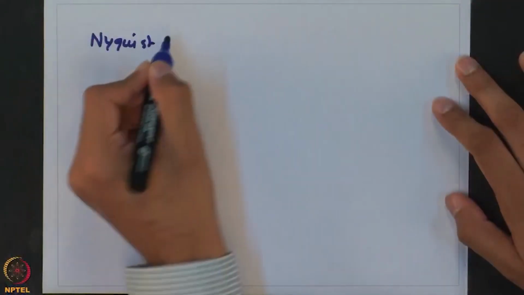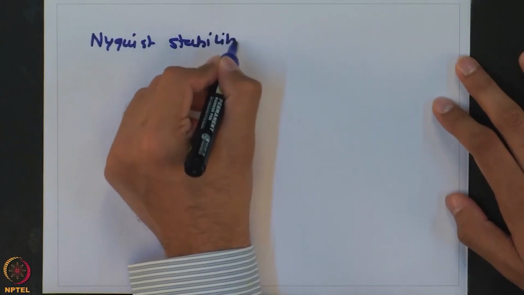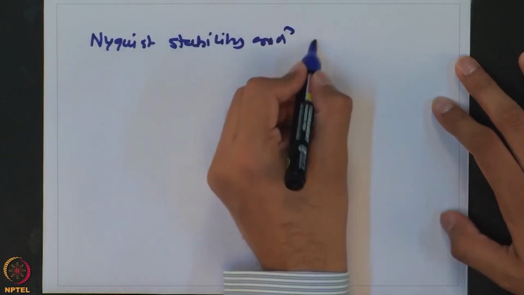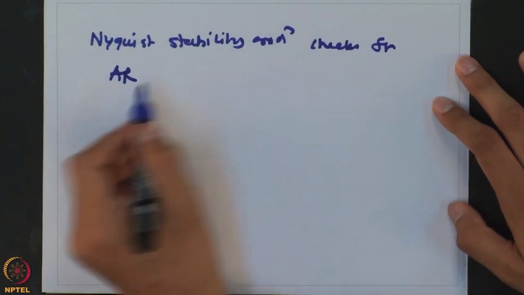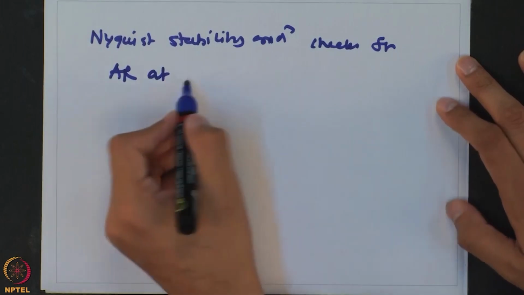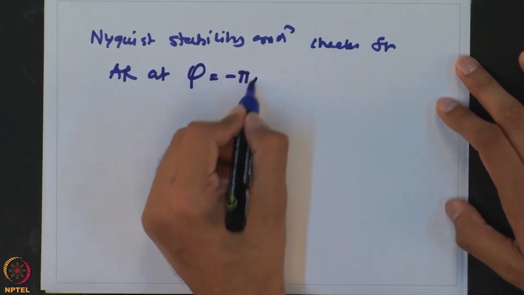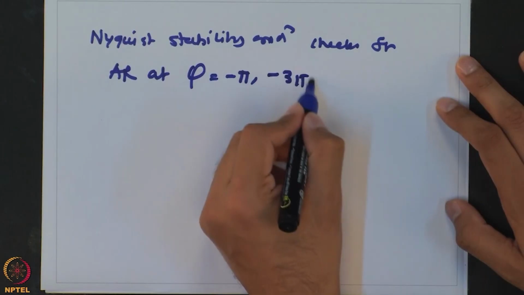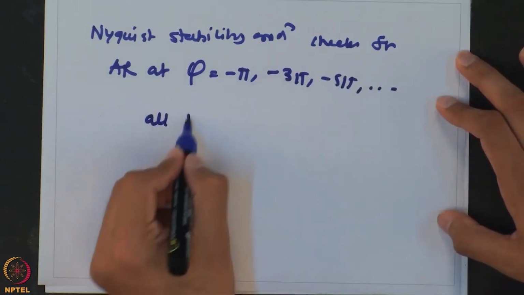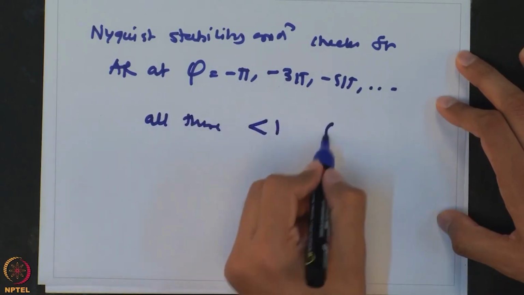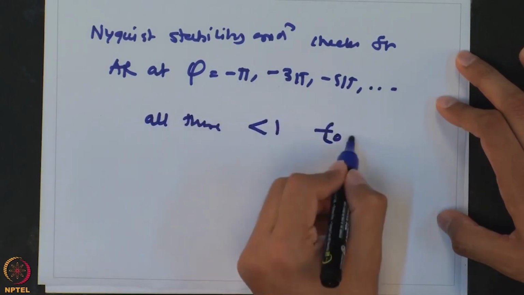So, in the Nyquist condition, you check the amplitude ratio at phi equal to minus pi, minus 3 pi, minus 5 pi and so on, and it says that all these should be less than 1 to ensure stability.